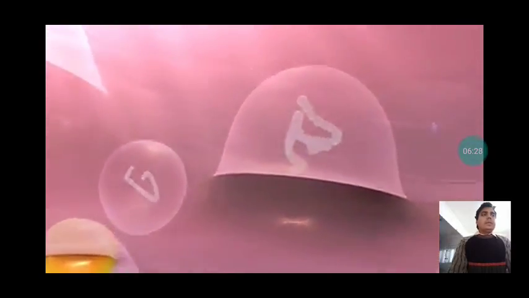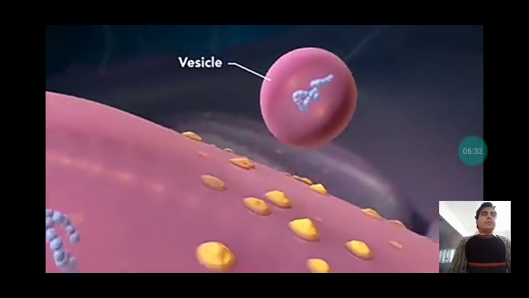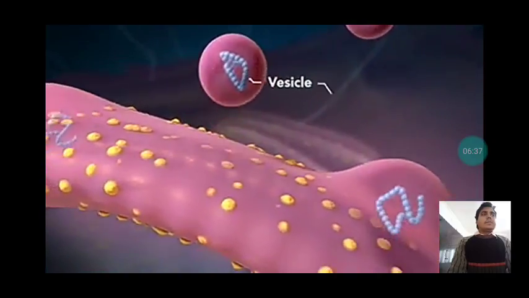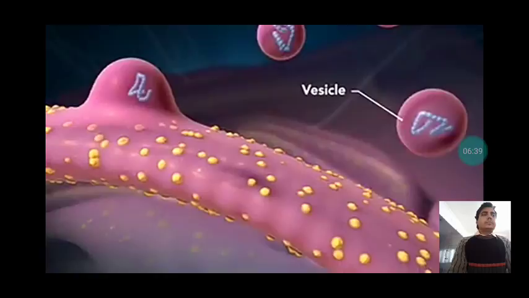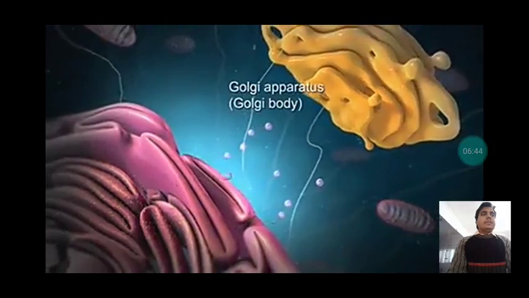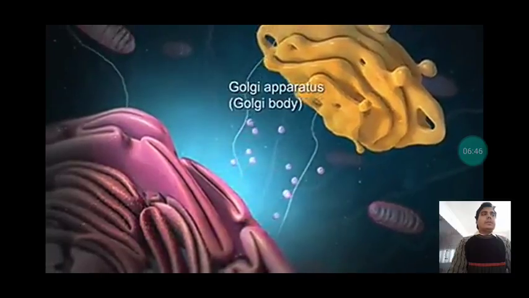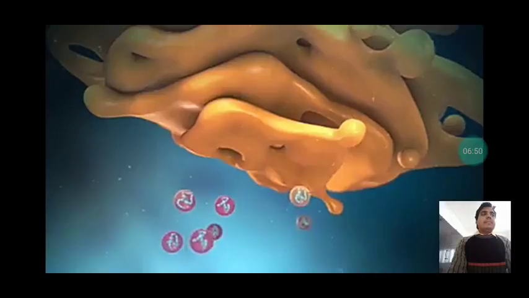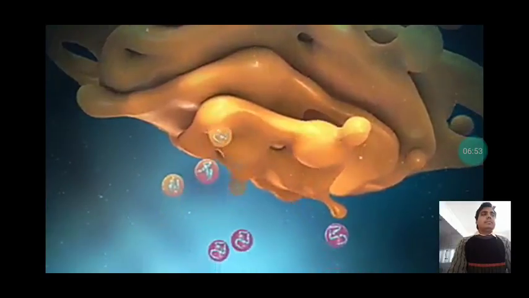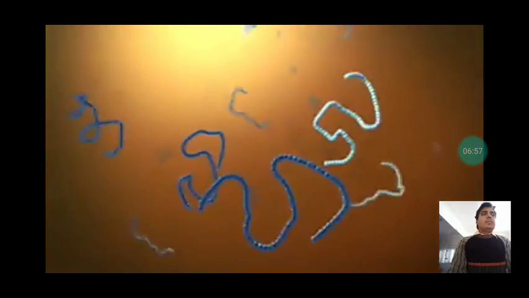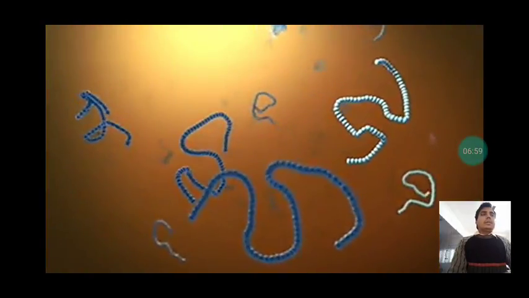Protein and other material emerge from the endoplasmic reticulum in small vesicles. The Golgi apparatus, sometimes called the Golgi body, receives them. As proteins move through the Golgi body, they are customized.